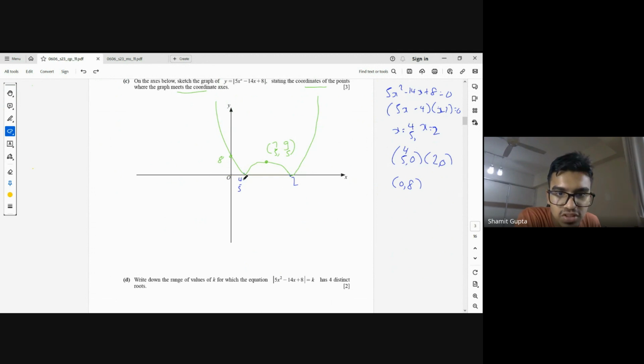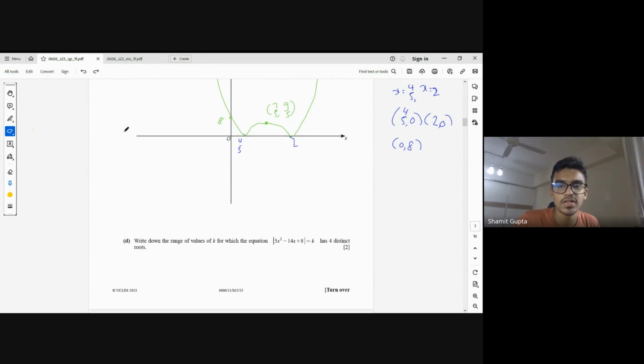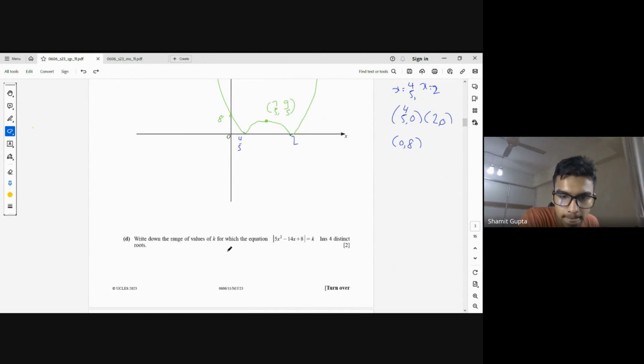So if you want 4 roots, it should actually be between the x-axis and the maximum point. So this is equal to k. We have to take the y value. Okay. So it will be k lesser than 9/5, greater than 0.